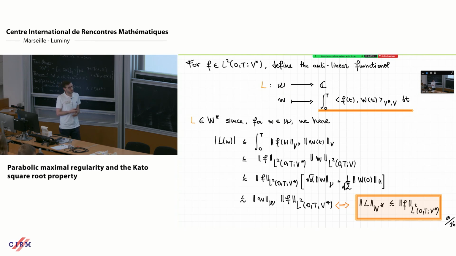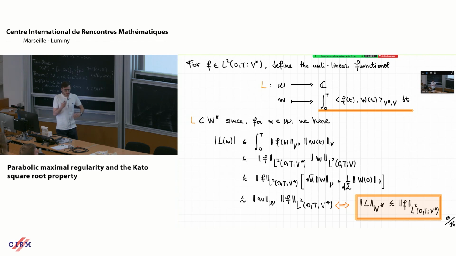And here, just using the Cauchy-Schwarz inequality, we can prove the boundedness of this functional, and in particular the norm of this functional in W star is bounded by the norm of the datum F in the space L2 with values in V star. This will be important to obtain the a priori bound that this result gives us.